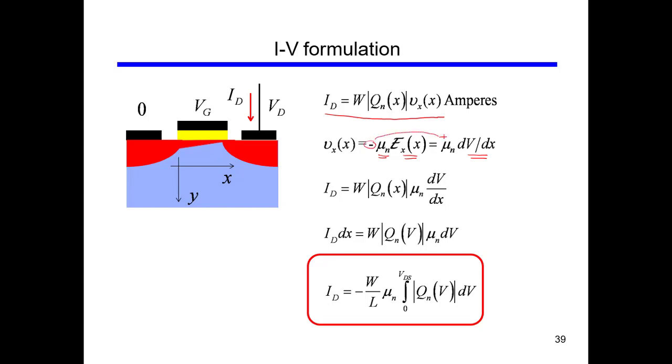So if one is negative, the other is positive. This we know from the energy band diagram. So we can put the value of Vx here, and we get this formula, and we can take the dx on this side.